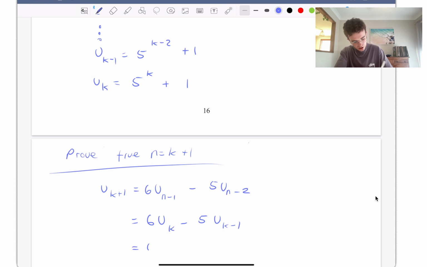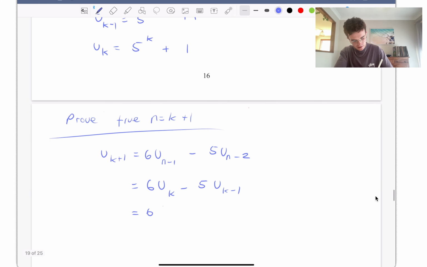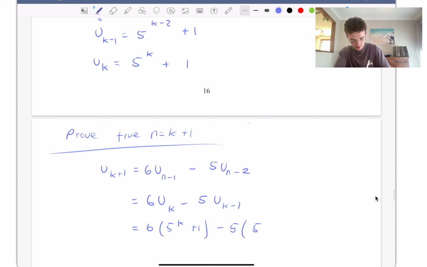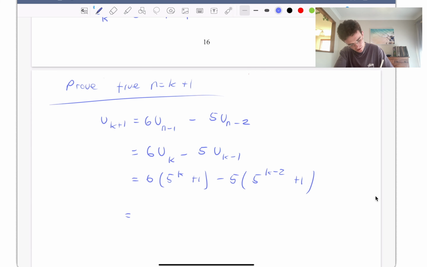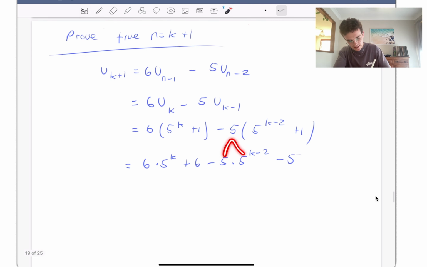So 6u(k) is 5^(k minus 1) plus 1, minus 5u(k minus 1), which we've assumed is 5^(k minus 2) plus 1. Expanding that, we get 6 times 5^(k minus 1) plus 6 minus 5 times 5^(k minus 2) minus 5. Now we can put this 5 into the k minus 2 exponent.